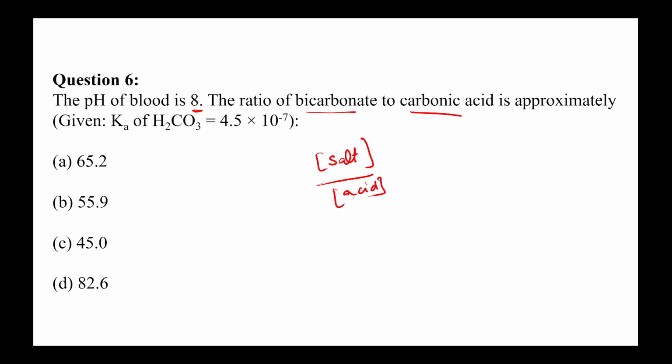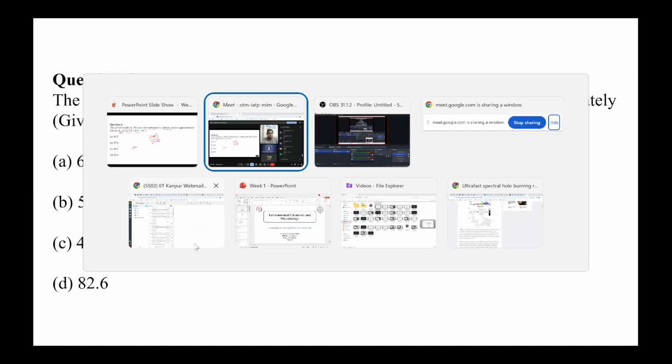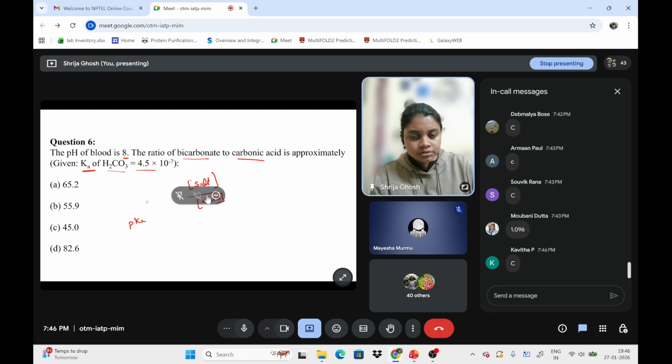This ratio you have to calculate. So from this you can get the idea which equation we have to use. So we have Ka given for the acid. So Ka is already given for the acid. So we can calculate pKa, and we can use the equation that I have shown you in the first slide and solve for this ratio.